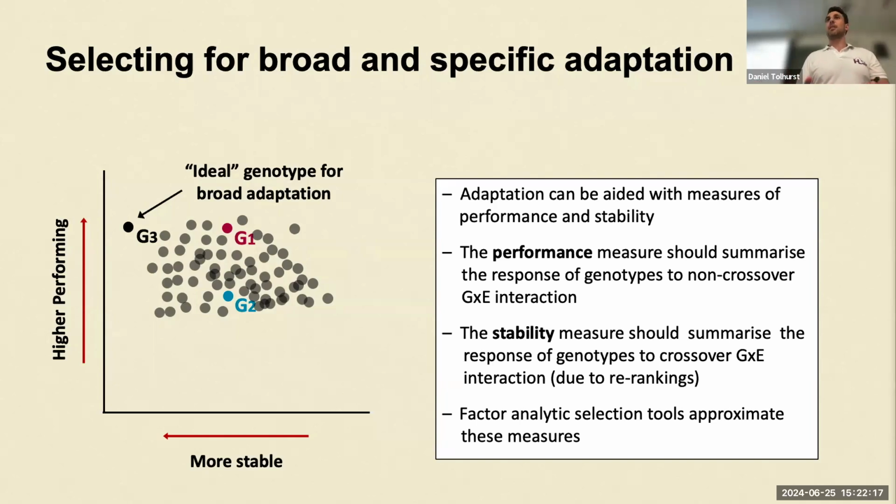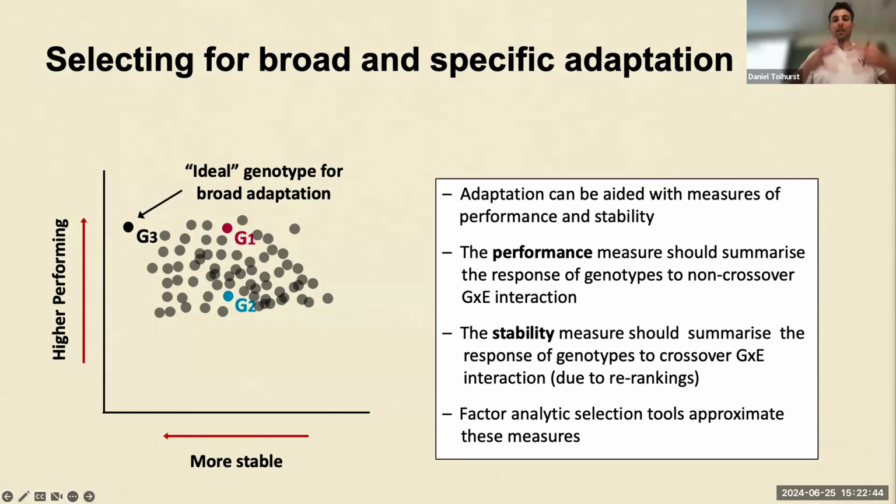What you'd like is something that is more stable, so you want something at the top left up there, and that would be G3 in the example before. What we're seeing here with G1 and G2 is that, yes, G1 is on average higher than G2, but they've got about the same stability rating because they were both quite responsive to the other environment that they weren't well adapted to.